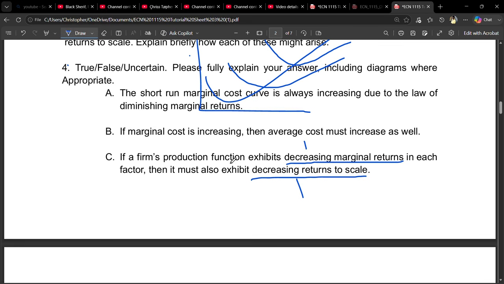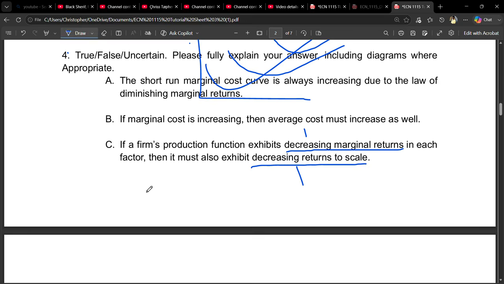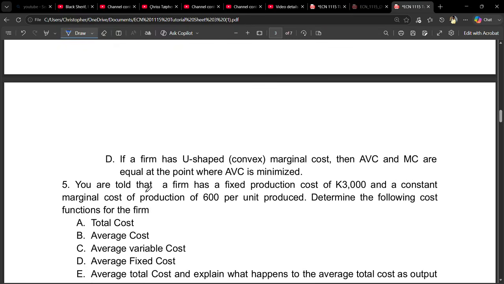So the answer is false, like I've explained, without me going too deep into something that is just direct. Okay, so the next question says, if a firm has U-shaped convex marginal cost, then AVC and MC are equal at the point where AVC is minimized.